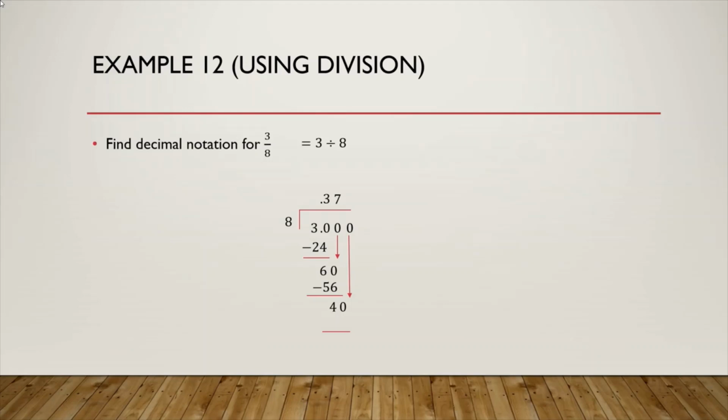Yes, 5 times. 5 times 8 is 40. 40 minus 40 is 0. That's it, you stop. So my final answer is 375 thousandths. And I'm okay with you saying 0.375, whatever is more convenient, but when it comes to pronouncing it correctly, that's going to help you convert a decimal into a fraction.